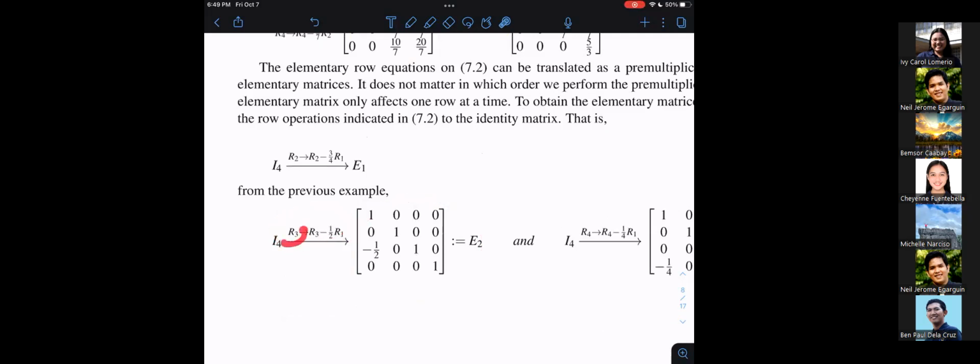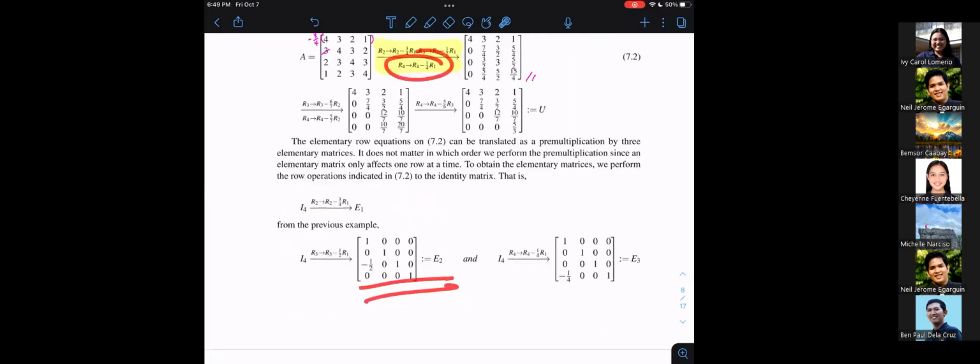Basically the third row of the identity matrix replaced by its third row minus 1/2 of the first row. I'll get E2. And then same level, ito yung pangatlong elementary row operation, makukuha ko naman ito. So basically, kung anong ERO yung ginamit nyo dun sa target matrix, gawin nyo lang siya sa identity matrix para makuha yung elementary matrix para dito.